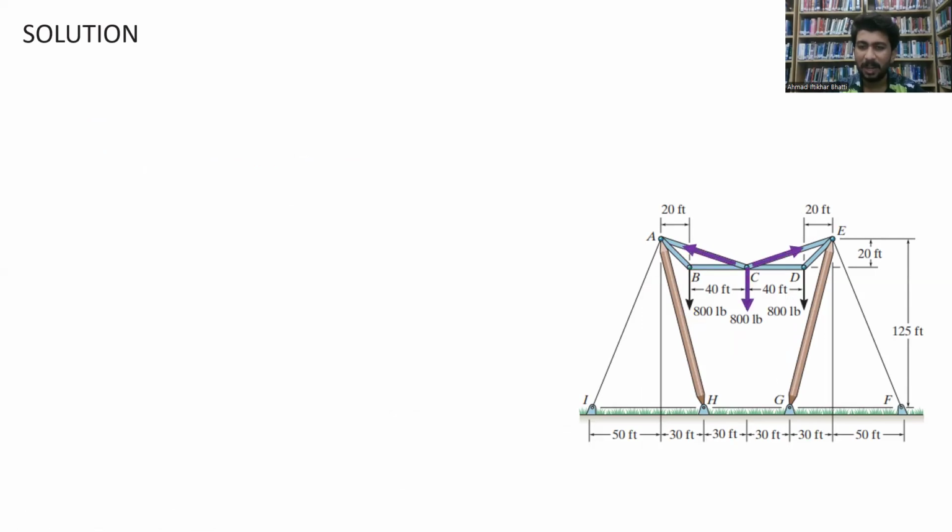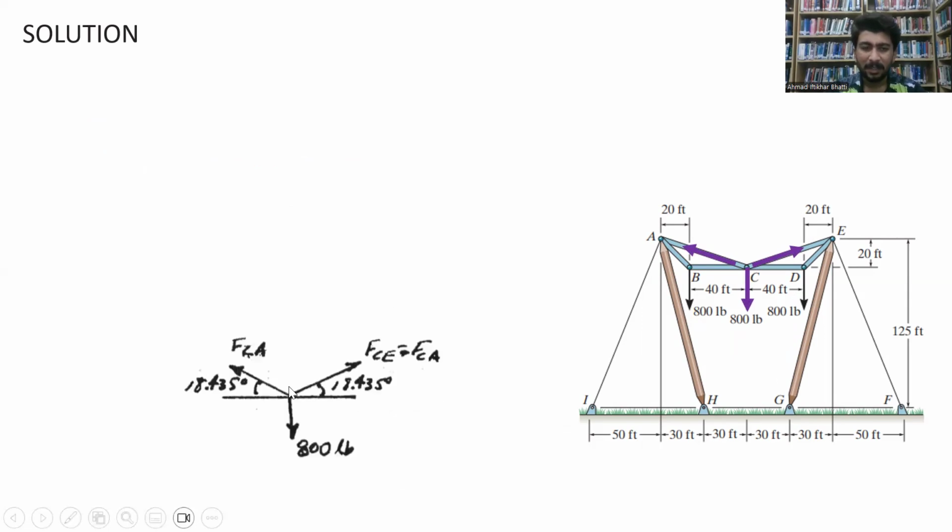And for the member AC, we can take the point C. So we have the two members and a vertical downward force. And we can assume that the force in member CA and the force in member CE are equal to each other. And we have also the same angle of 18.435 degrees with these two members.